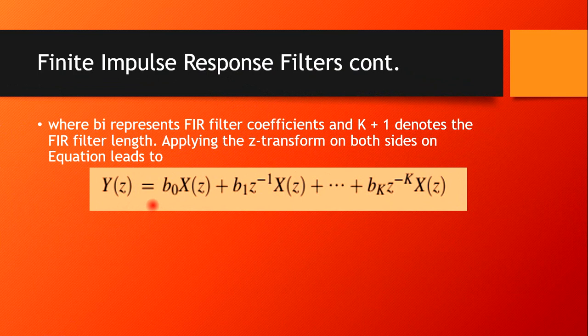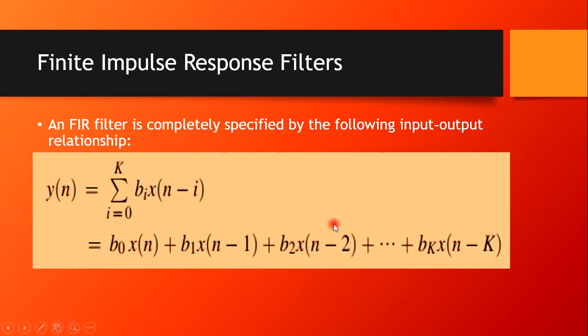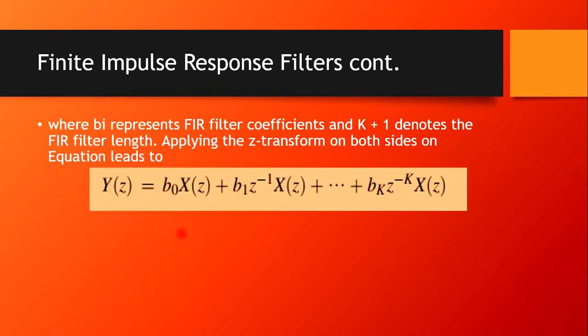If we take the z transform of the previous equation, that is this one, it will be like this one. Just change the time domain variables in the z domain, and a delay appears as a multiple of z power.